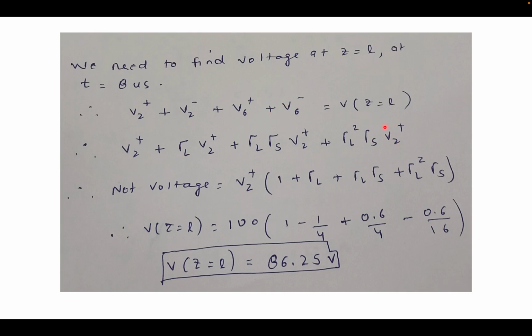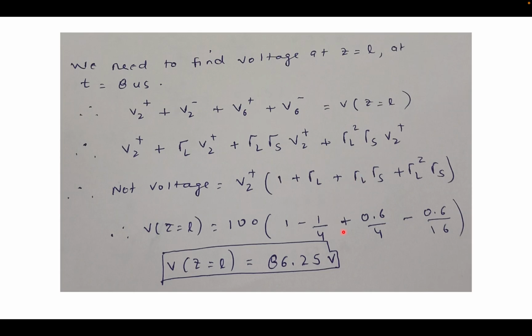Now you already know all the values: V2 plus, tau L, tau S, everything. So you can calculate the total sum. The value of the total sum will be 100 times 1 minus 1 by 4, because the reflection coefficient is minus 1 by 4. Similarly, because tau L and tau S are both negative, it will be 0.6 by 4, since tau S is minus 0.6 and minus times minus gives plus.